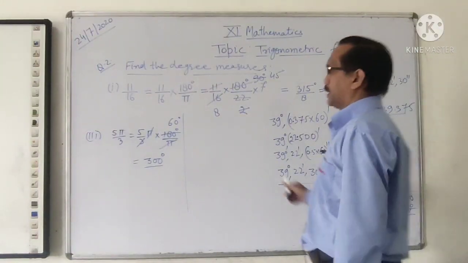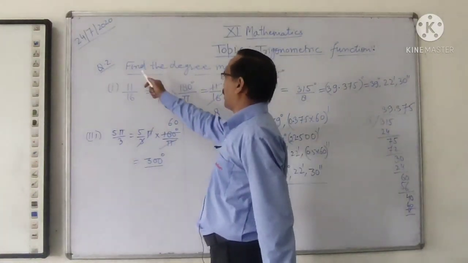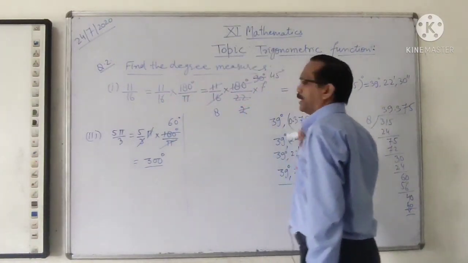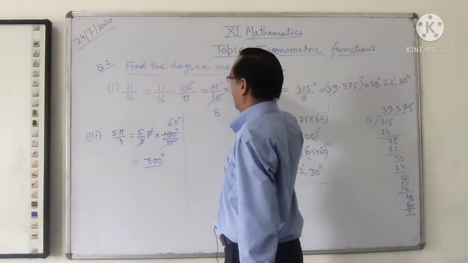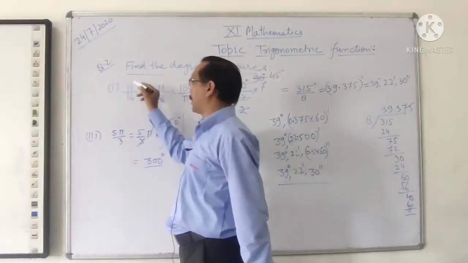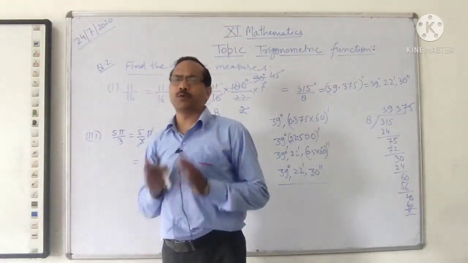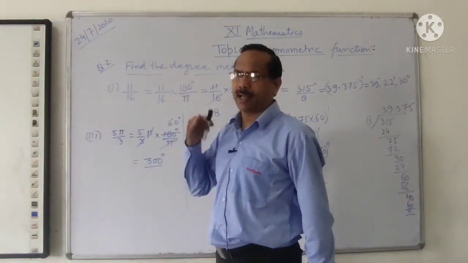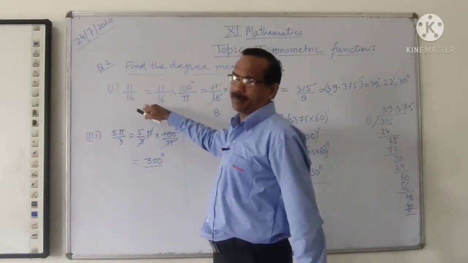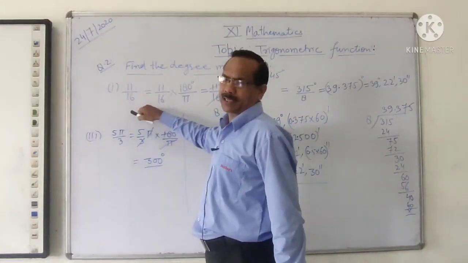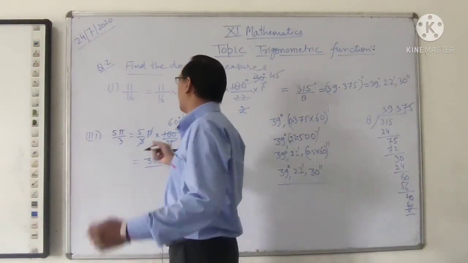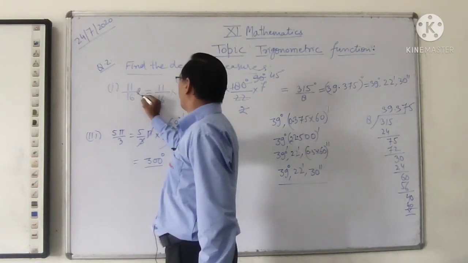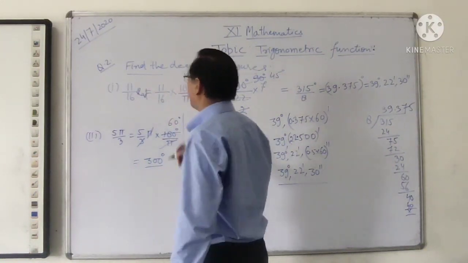Students, now question number 2. Here you have to convert radian into degree measure. So find the degree measure. The question is 11 upon 16. Students, you must know that whenever numbers are given, all the numbers are considered in radian. So 11 upon 16 is in radian. We have to convert this into degree.